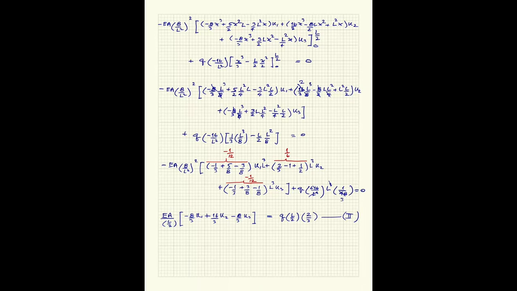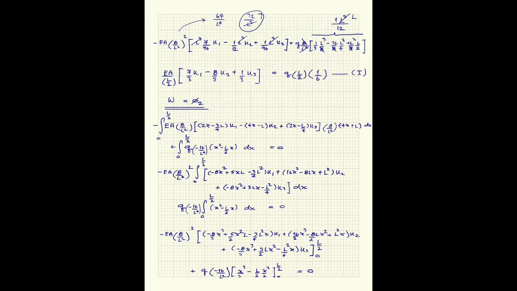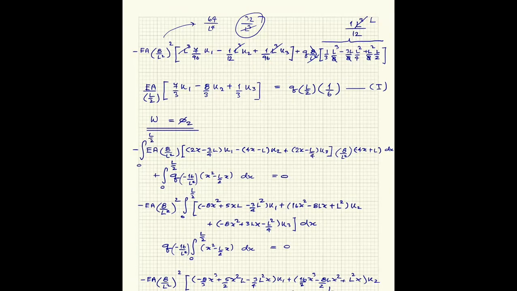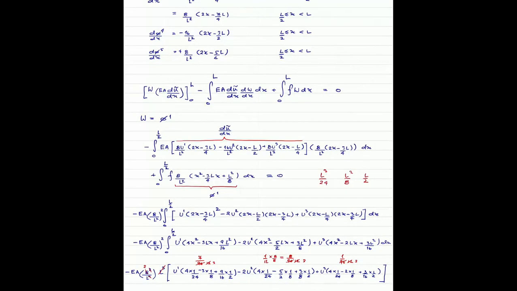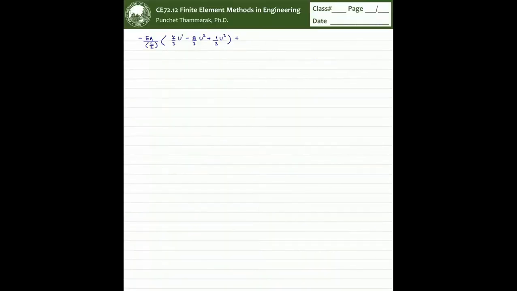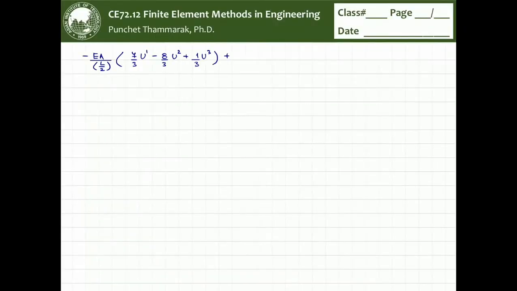Oh, this is equation number 2. Equation number 1, you better get, okay. 7/3, 8/3, 1/3. Okay. Yeah. Oops. Okay, so that's the second line. Alright, so this seems to be correct already.